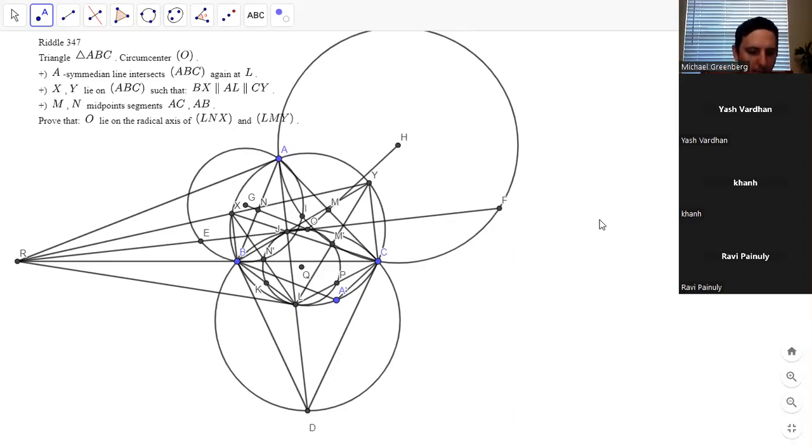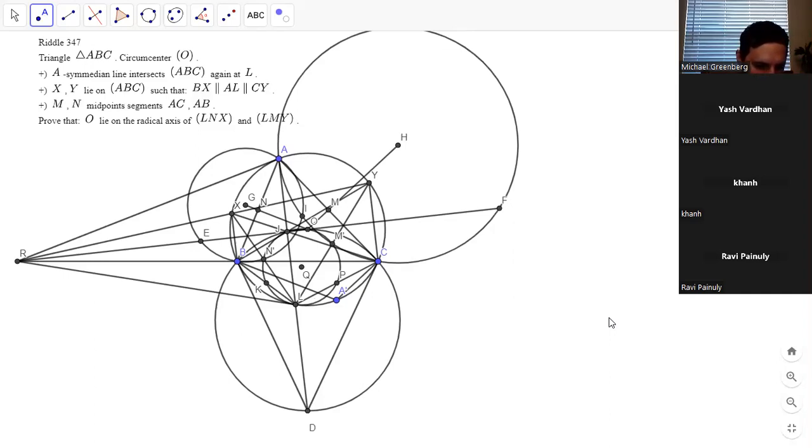It was problem 109 on my channel. In that problem it was a little bit different. The parallels were through the incircle instead of the circumcircle, and D was the in-touch point instead of AL, but it looks so similar.